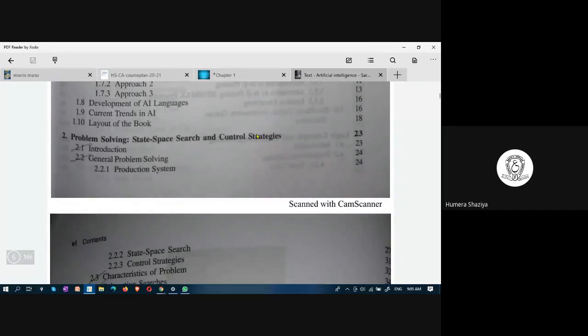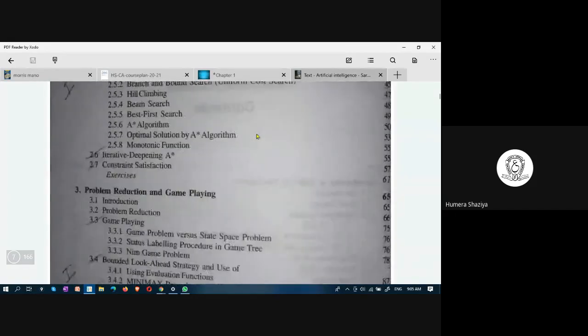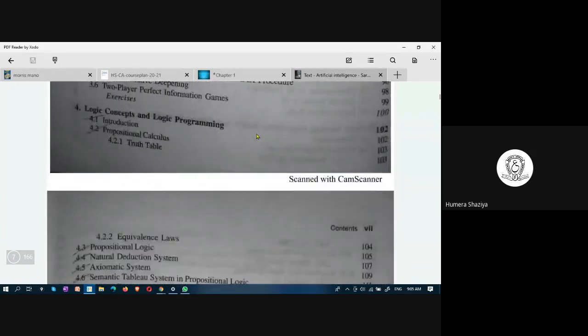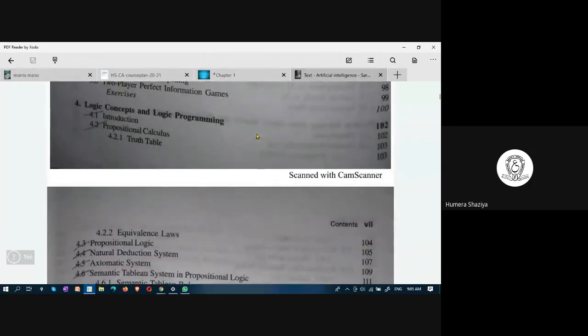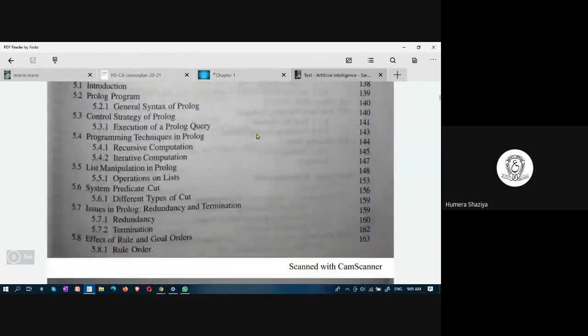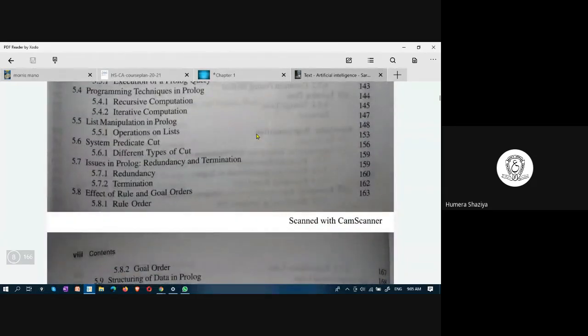Subsequently, you have chapter 2 in unit 1, also chapter 3 in unit 1, and from chapter 4, unit 2 begins. The syllabus, this textbook, and other material will be posted for your reference.